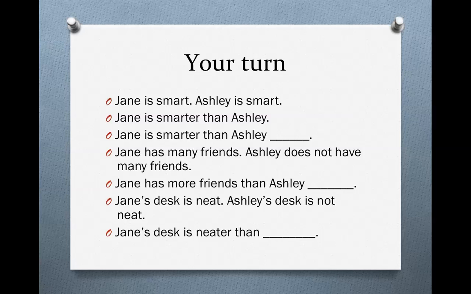Let's look at the answers. We're comparing Jane and Ashley. They're both smart, but Jane is smarter. We could simply say Jane is smarter than Ashley, or we can say Jane is smarter than Ashley is. Then we compare Jane and Ashley again.